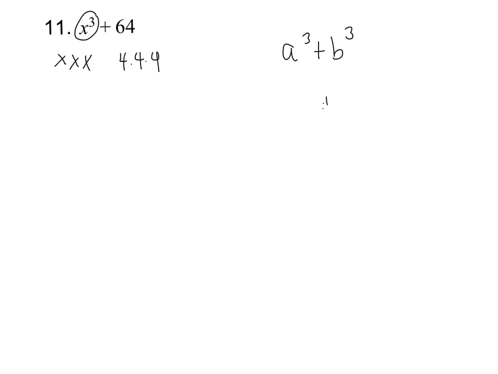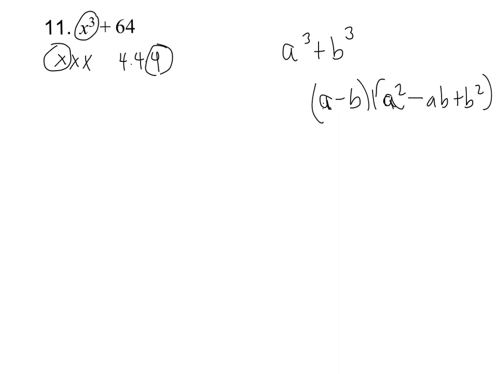This factors as a minus b, a squared minus ab plus b squared. So in our case, our a is just simply x, and our b is simply 4. So we'll just plug those in and have our factorization. So x plus 4, oops, this is plus, sorry, it is the sum of cubes.